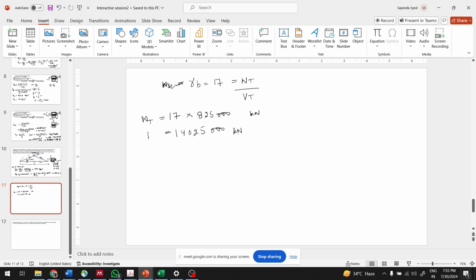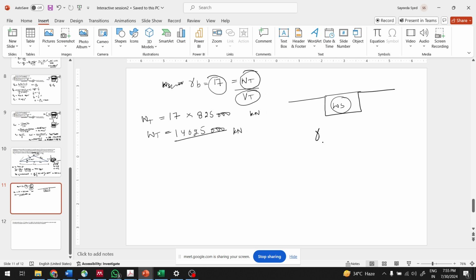So this is the total weight required for this total volume and this bulk density. The total weight of solids that we require is this much. So from the borrow pit, this is the Ws actually that we require.